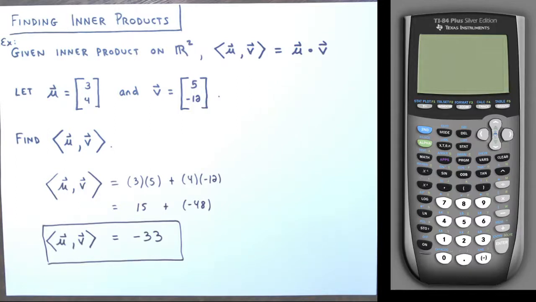But I should end up getting a real number when my input is any two vectors from the vector space we're given, here R2. Negative 33 is the value of the inner product of this vector u and this vector v on R2. Simple as that for the dot product.